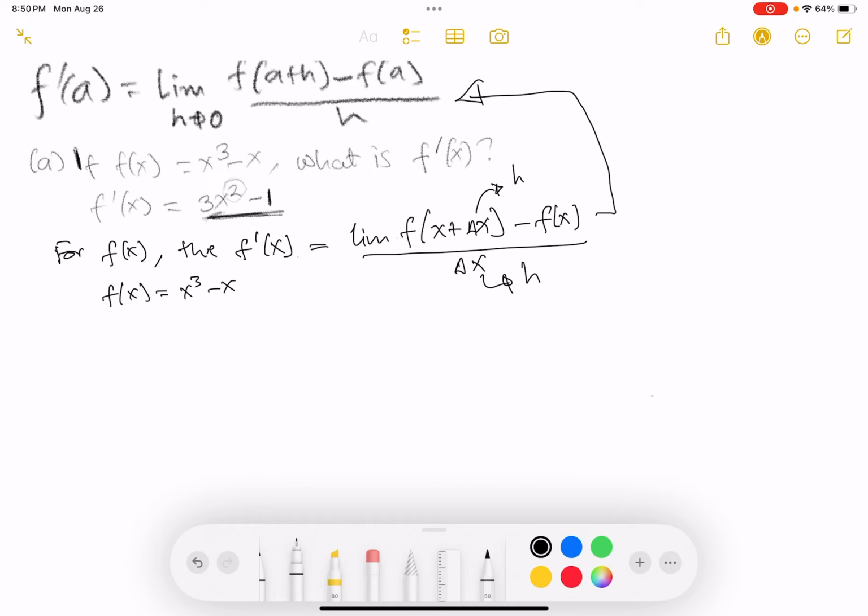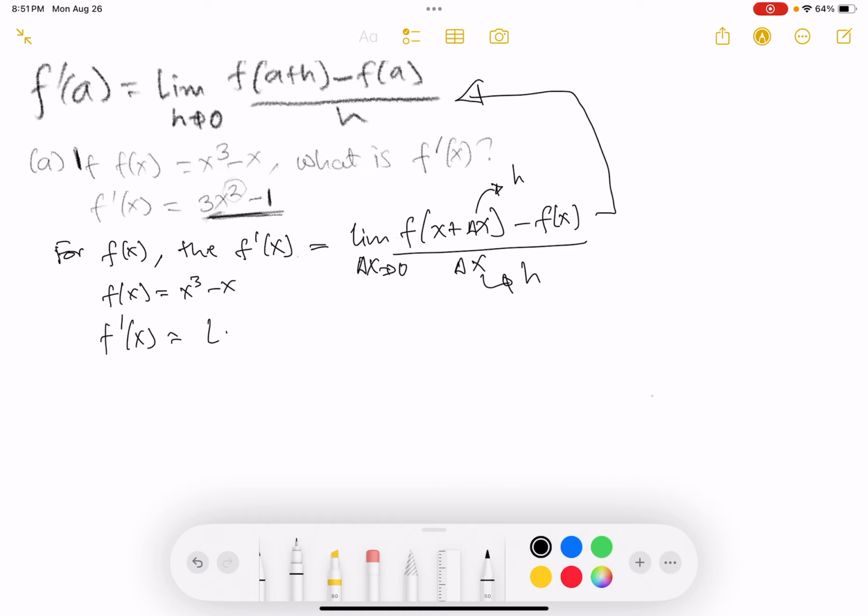We're just going to go ahead and say that the derivative of that function is given by, sorry, here I forgot to add the limit, as the change in x tends to 0.